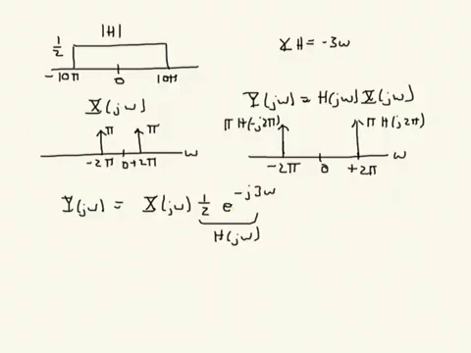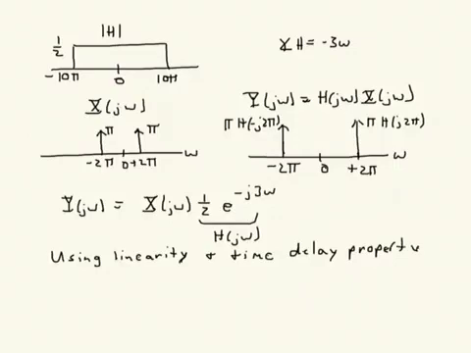So using linearity and the time delay property, we could easily show that y of t has to be 1/2 x of t minus 3.